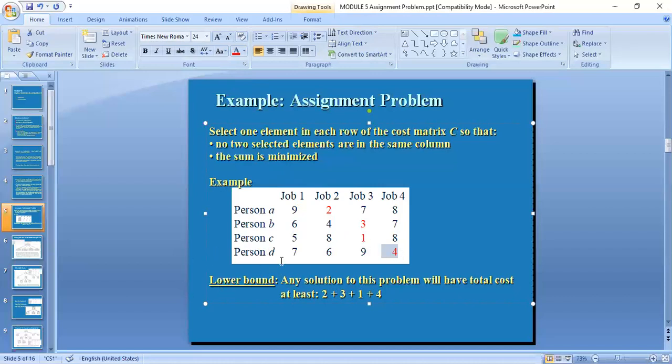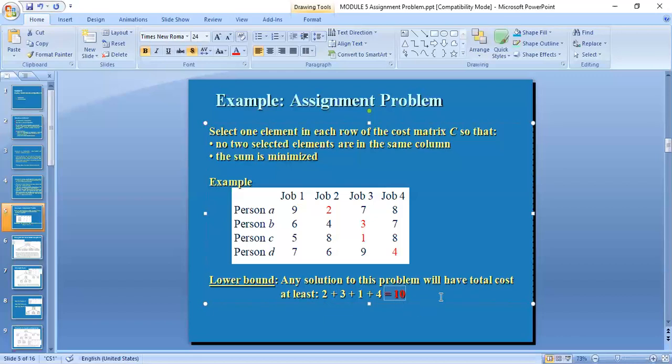So you are going to have a lower bound value initially, where you are just ignoring the jobs and all. For each person, you are going to consider only the least value. You find the sum of all these least values and you will be getting a value equal to 10. Which means whatever solution you are getting, the solution should have at least a minimum of 10.